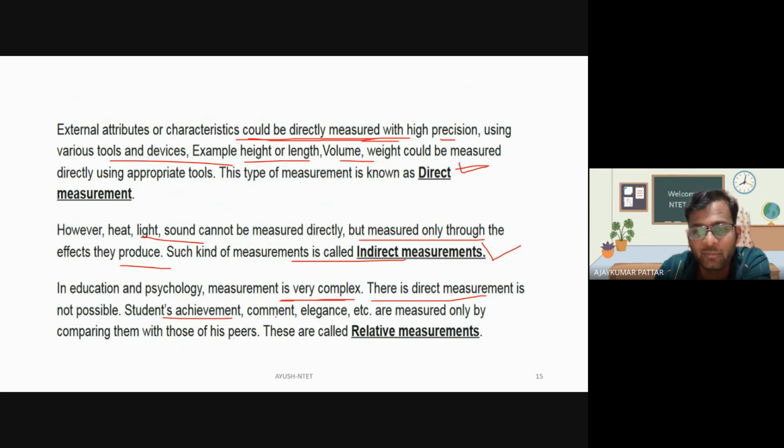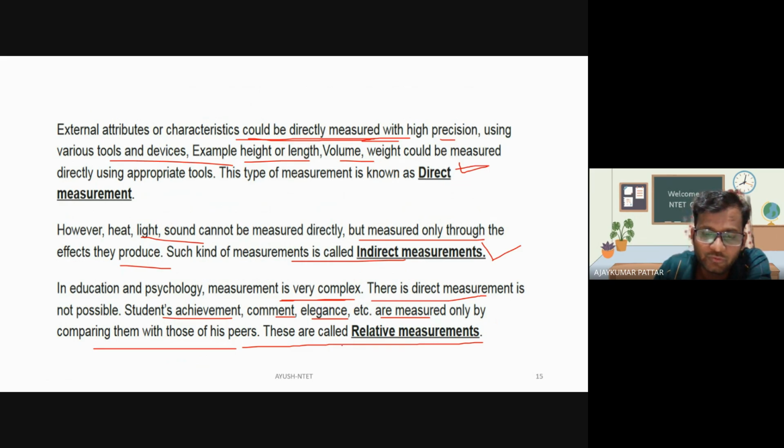Students' achievement, intelligence, etc. are measured only by comparing them with their peers. This is called relative measurement. So someone behaving good or bad, how will we measure? We will compare with other students.